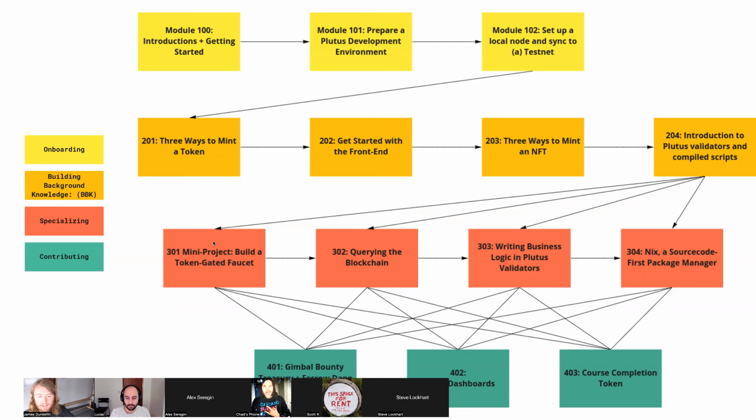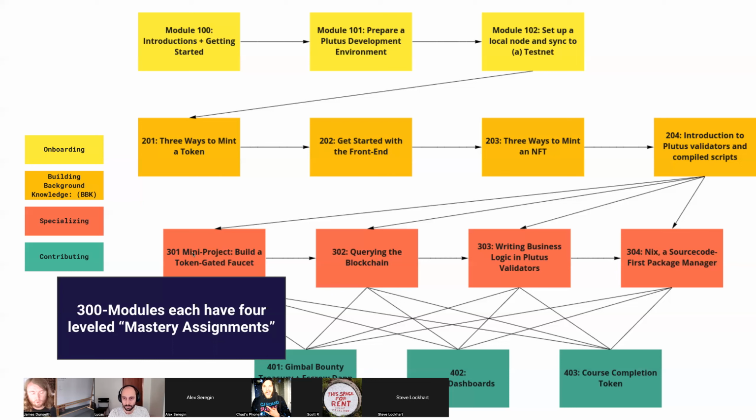But the idea here is we're really also trying to get students to build components, get familiar with React components, because if you combine a Plutus contract with a component that can be reused across projects, you've empowered a lot of people to pick those things up and start to use them in their own ways. All right, so that's the map of this particular course.